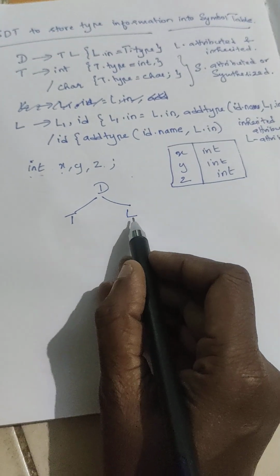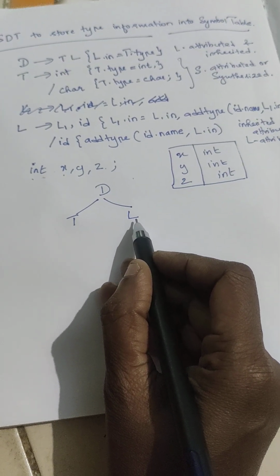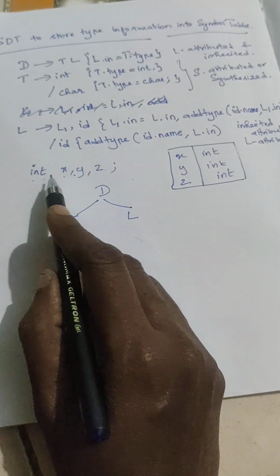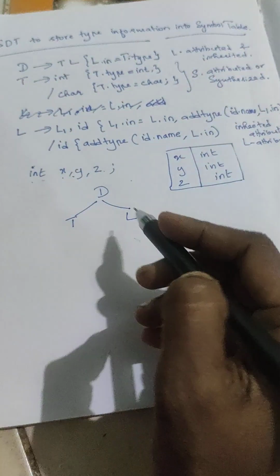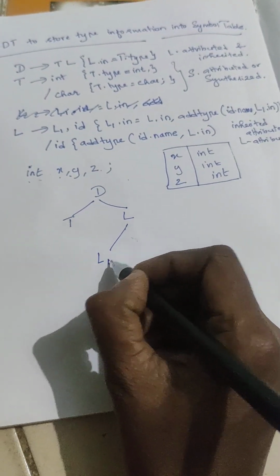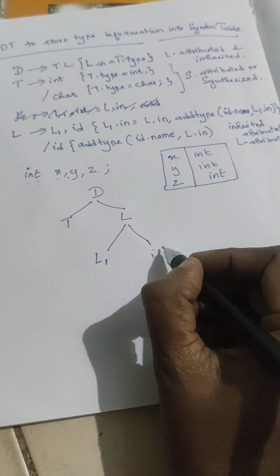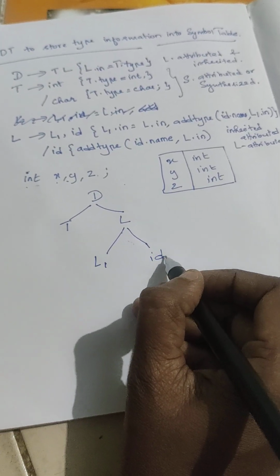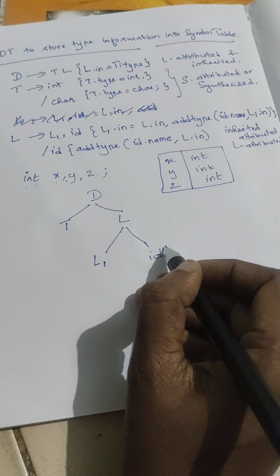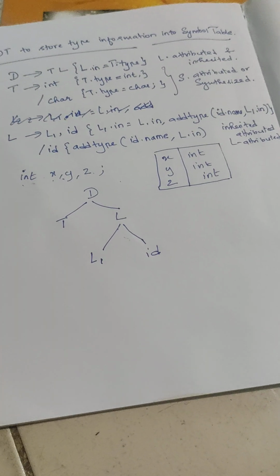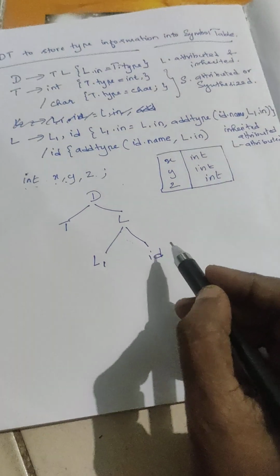And here the list is not a single attribute, right? It is not only int x, it is int x y z. So again there is a list. So you have to take this third production. The list is nothing but another list and id, and this one can be z. This is z.